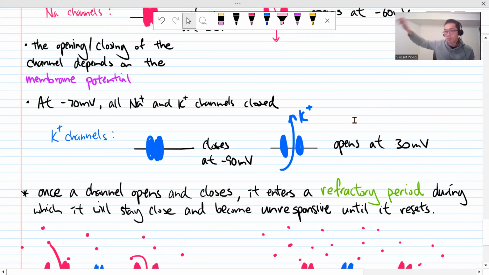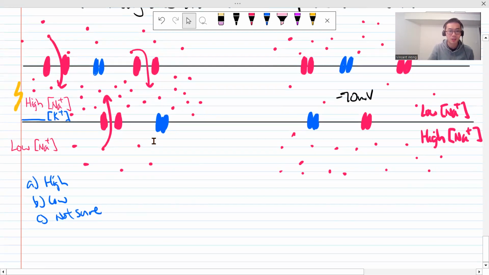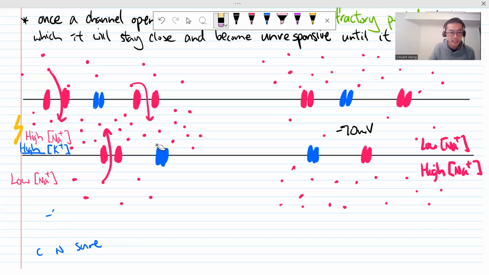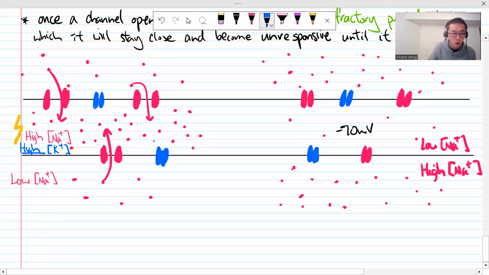What jump? Oh, like from node to node? Not quite. Okay, just stay with me. We'll get there eventually. Okay, so this is still high potassium on the inside, and then low potassium outside. Relatively, right?